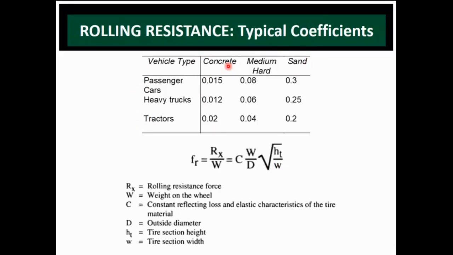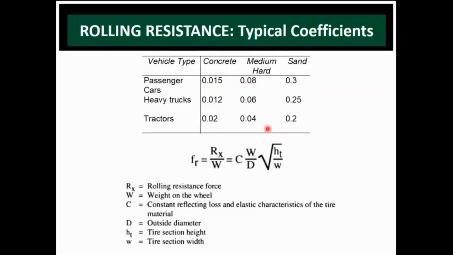If concrete and passenger car, the rolling resistance is 0.015. If the passenger car is running on the sand, the rolling resistance is quite high, goes to 0.3.